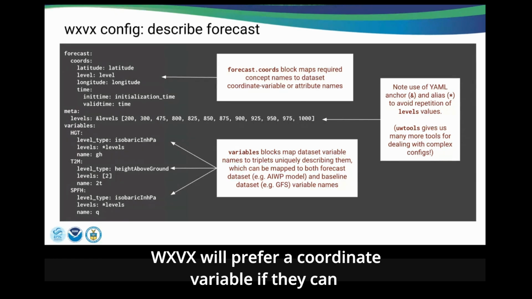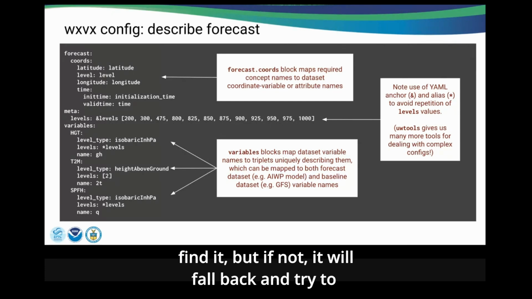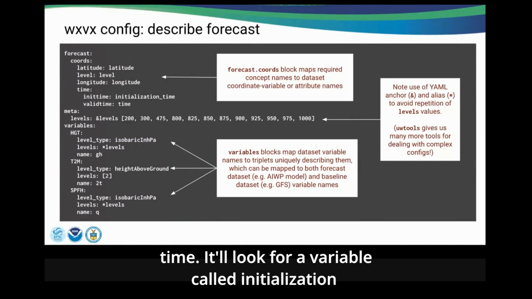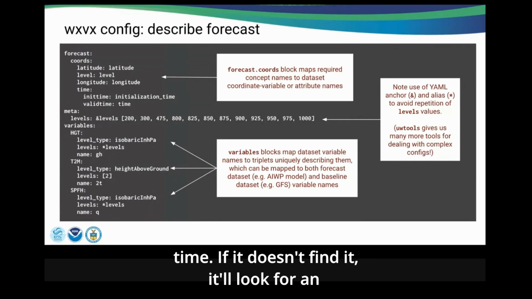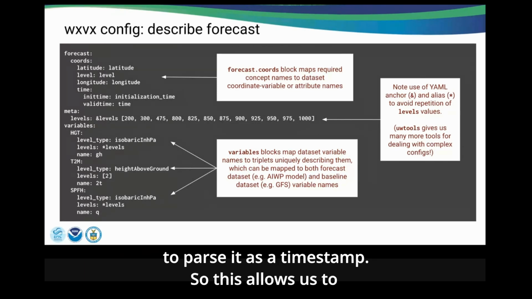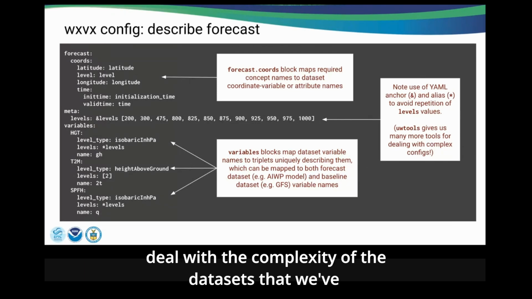WXVX will prefer a coordinate variable if it can find it, but if not, it will fall back and try to find, for example, init time. It'll look for a variable called initialization time. If it doesn't find it, it'll look for an attribute called that and try to parse it as a timestamp. So this allows us to deal with the complexity of the data sets that we've been seeing.